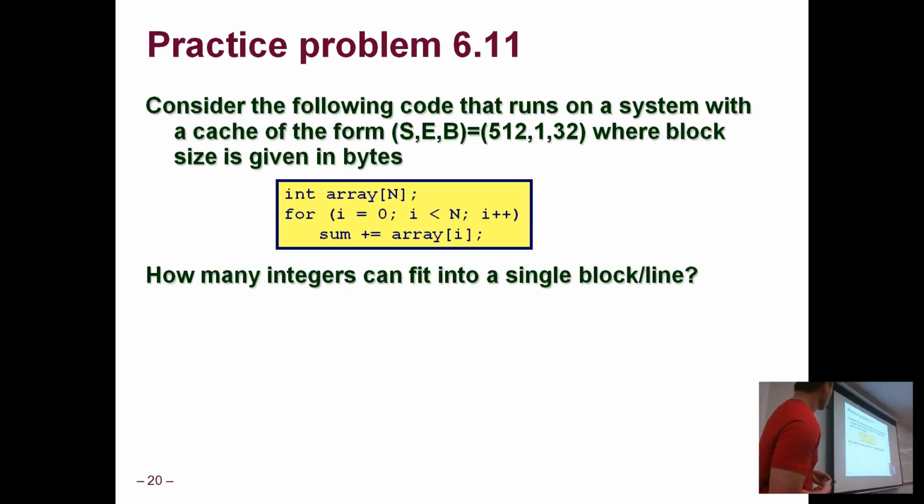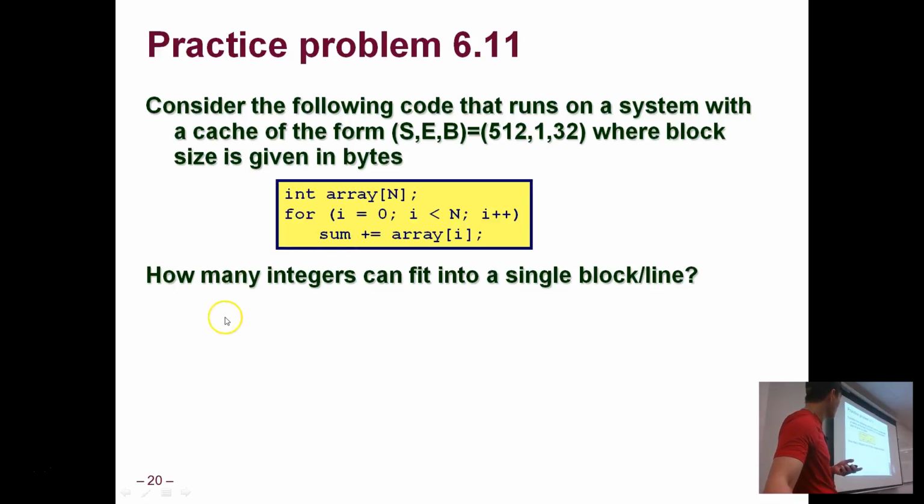Okay, practice problem 6.11. Consider the following code that runs on a system with a cache of the form: 512 sets, 1 block per set, 32 bytes per block. So this block size is given in bytes, so there's 32 bytes in a block, there's 512 sets. You have this array where you're going to accumulate the elements of this array onto this sum.